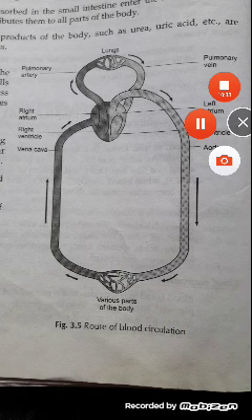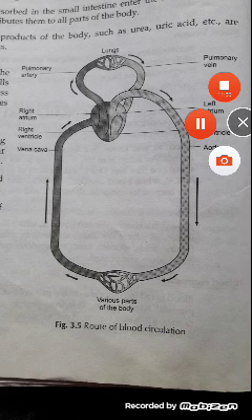Between the heart and the pericardium, there is a fluid which reduces the friction produced during the heartbeat. Without any kind of fluid, without reducing the friction between the heart and pericardium, the friction can increase so much that the heart can burst also.